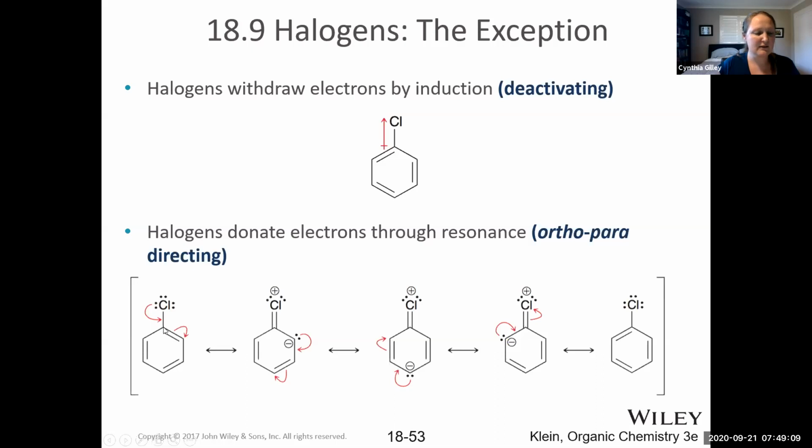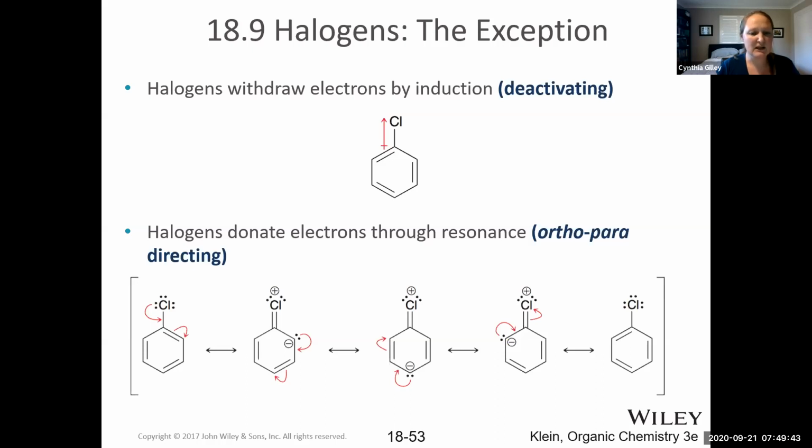That ineffective orbital overlap leads to these 3 resonance contributors being very insignificant contributors. So while they donate electron density into the ring via resonance, not very strongly compared to a methoxy group, for example, because of the mismatched p orbital size between chlorine and carbon. So it's a little bit strange. Overall, the inductive effect leads to it being deactivated.